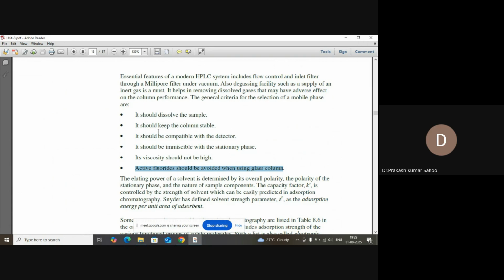So all the characteristics a solvent or an eluent should have, to act as a good solvent for SPS.